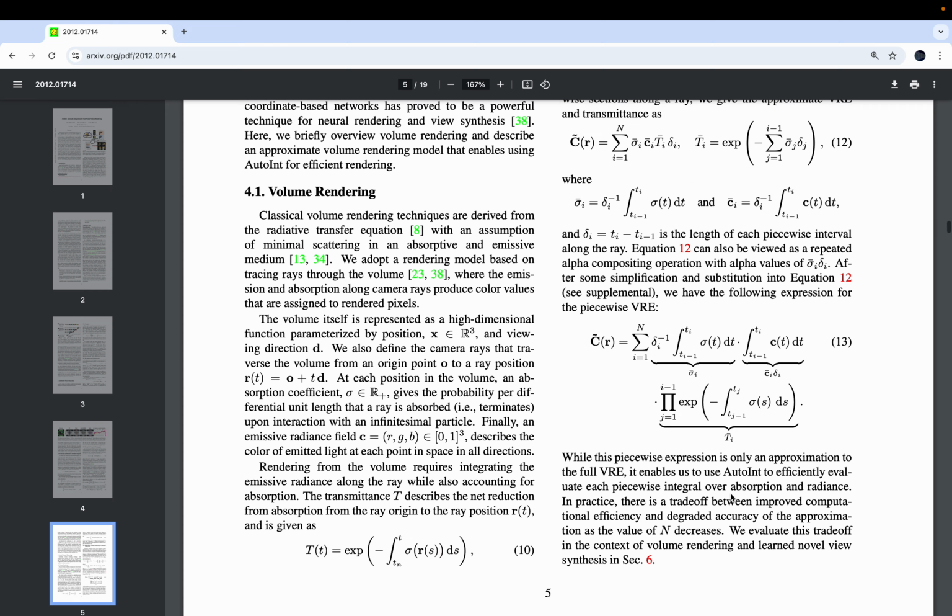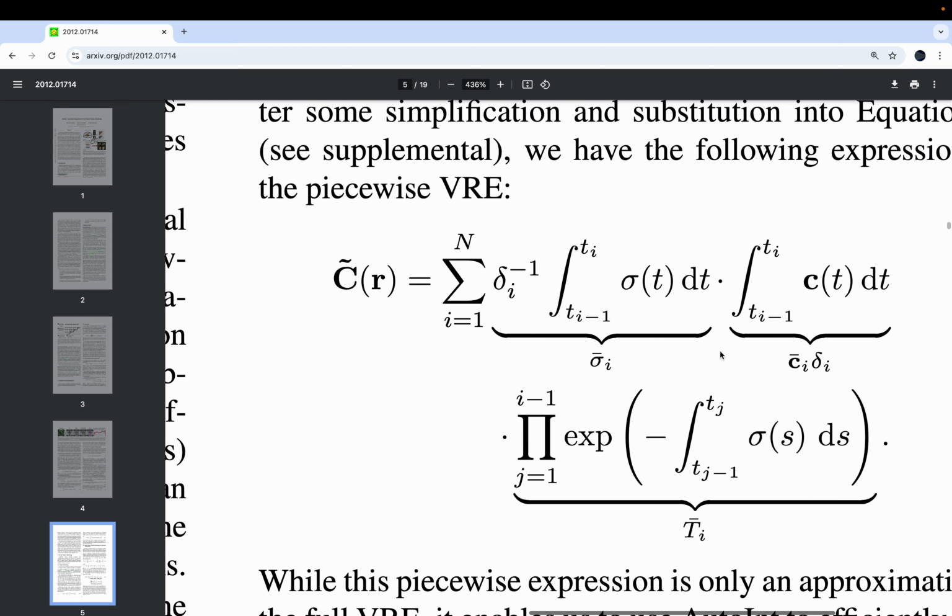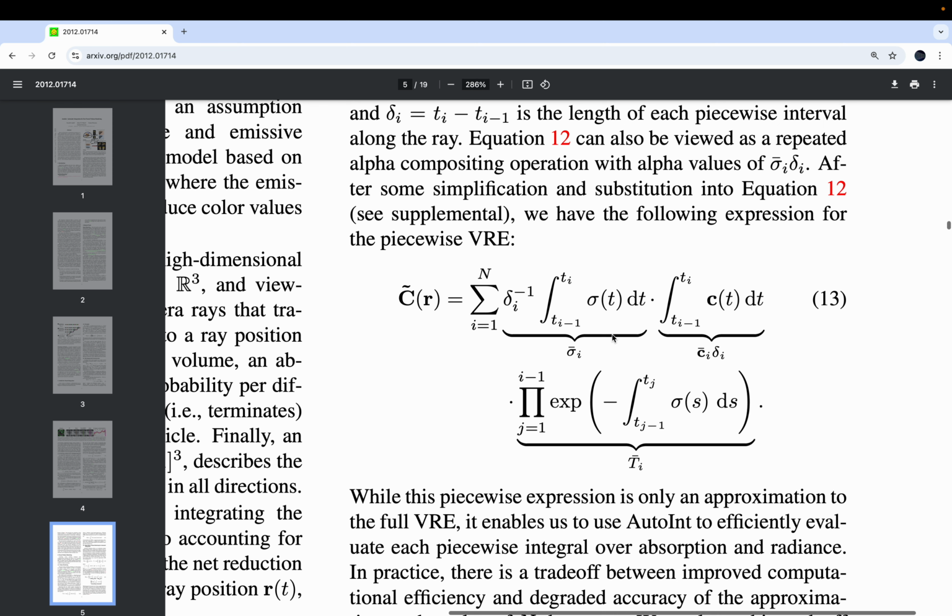So they show that the volumetric rendering equation can be written like this, and they explain that in the supplementary. It's a different formalism than the one we usually use when we train a NeRF. The explanation is pretty clear in the supplement.